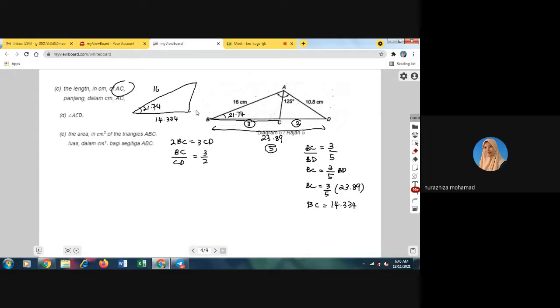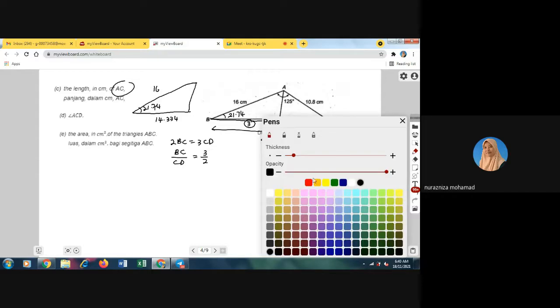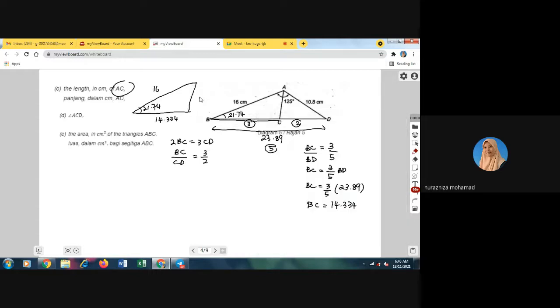So we can find the length of AC. Label the triangle: this is capital A, and the other sides will be B and C. We only have one angle, so we use the cosine rule.